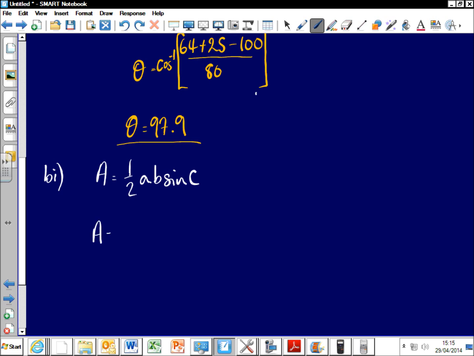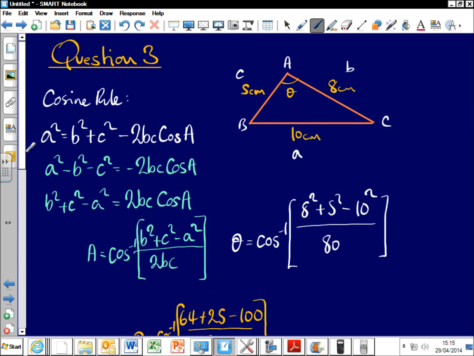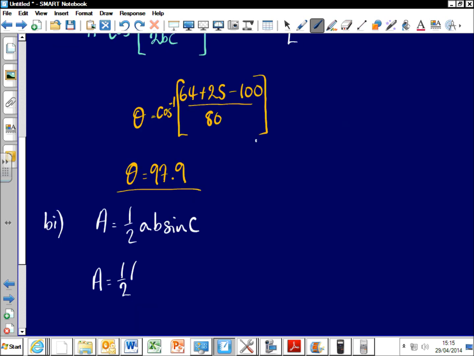So the area of this triangle is 1/2, 5 times 8 sine 97.9. Do you agree with that?